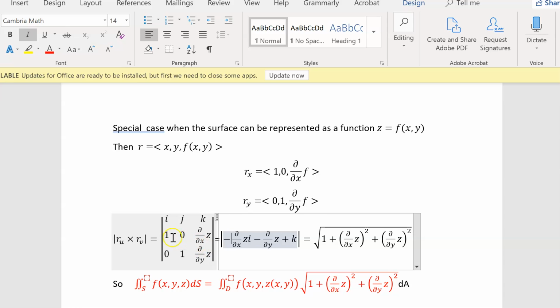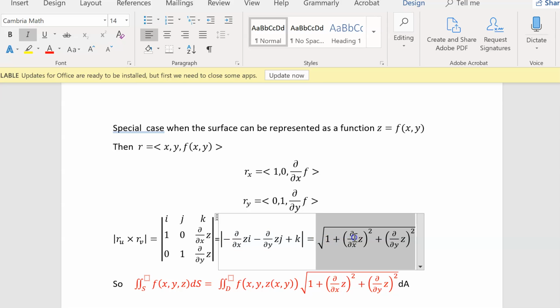And then if you go to k, we just have 1. And now we take the magnitude of this vector. It's the square of the partial of z with respect to x, plus the square of the partial of z with respect to y, plus the square of 1, which is 1, and you take the square root of the whole thing. So that is your ru cross rv.